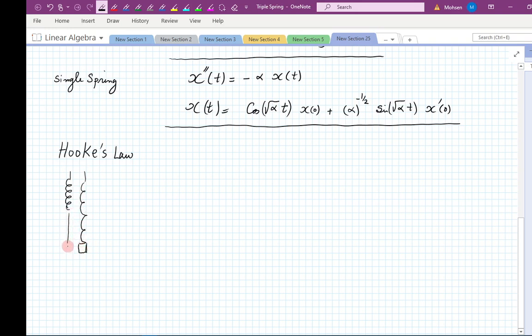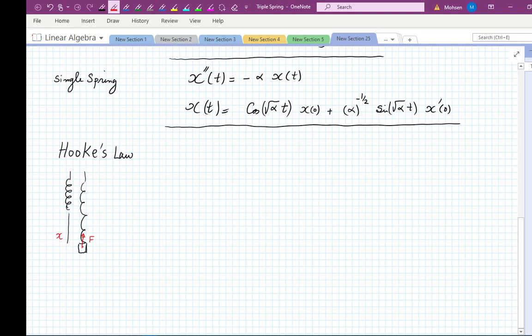So we have a stretch. As a result of that stretch, there's going to be a force acting on this mass that's going to try to pull it back. So we have a force, and then we have a stretch.